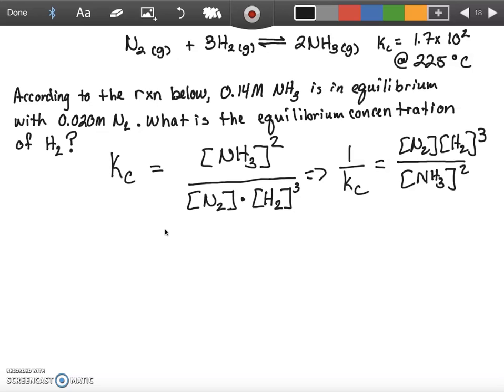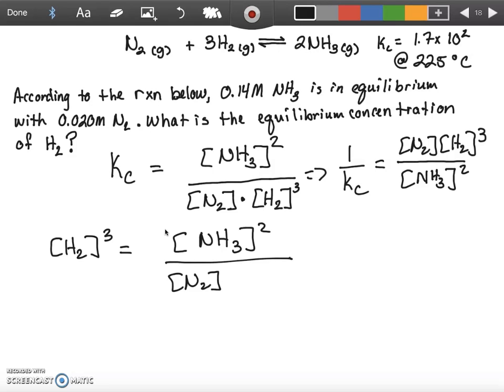And then we need to move the N2 over to this side, and we'll have to divide that, so that'll end up on bottom. And then we need to have the NH3 over on the other side, so that'll end up on top. So that means the concentration of H2 cubed is going to be equal to the concentration of NH3 raised to the second power over the concentration of N2 times Kc.